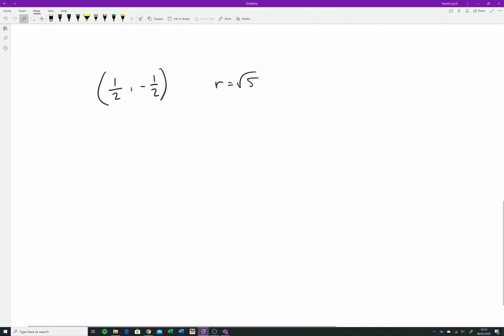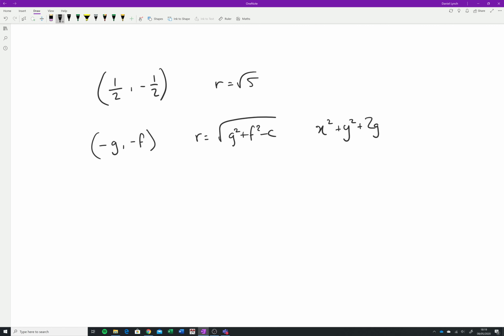The only thing that I'll write up for you is that generally we talk about minus g, minus f being the center, that the radius is the square root of g squared plus f squared minus c, and that the equation of the circle will be x squared plus y squared plus 2gx plus 2fy plus c is equal to 0.